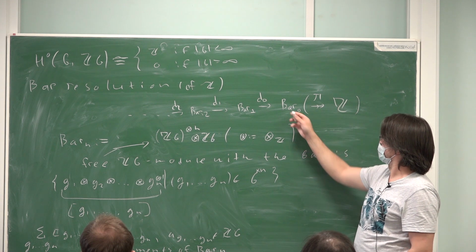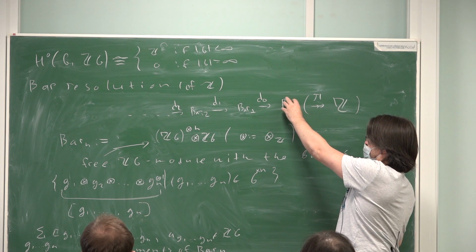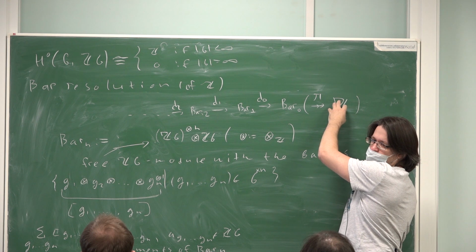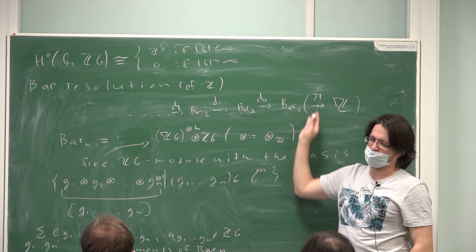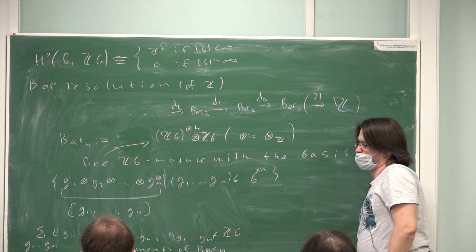Because always we write B bar 0 as the direct sum of something, and this something is projective, so it becomes a direct sum of the previous one too.